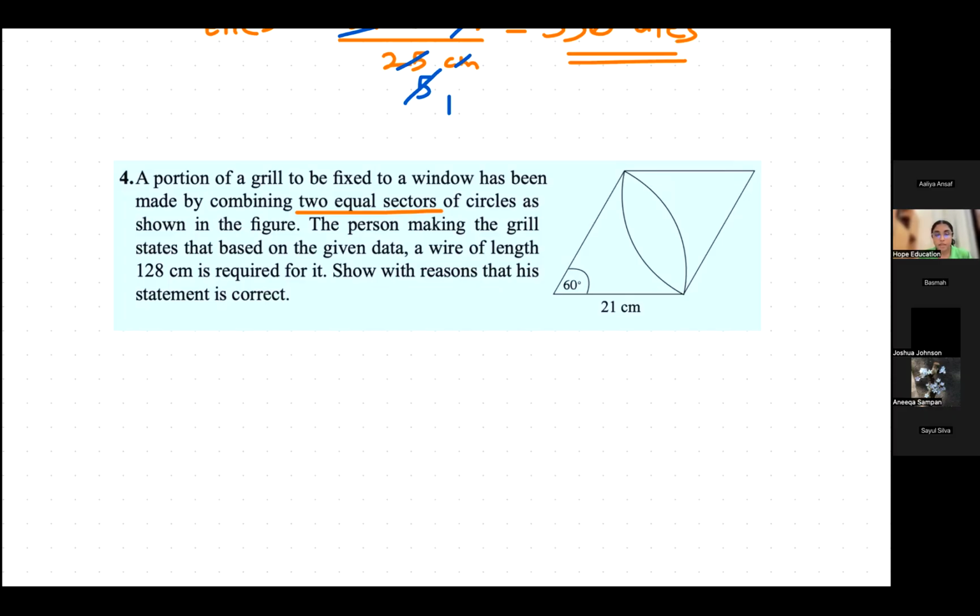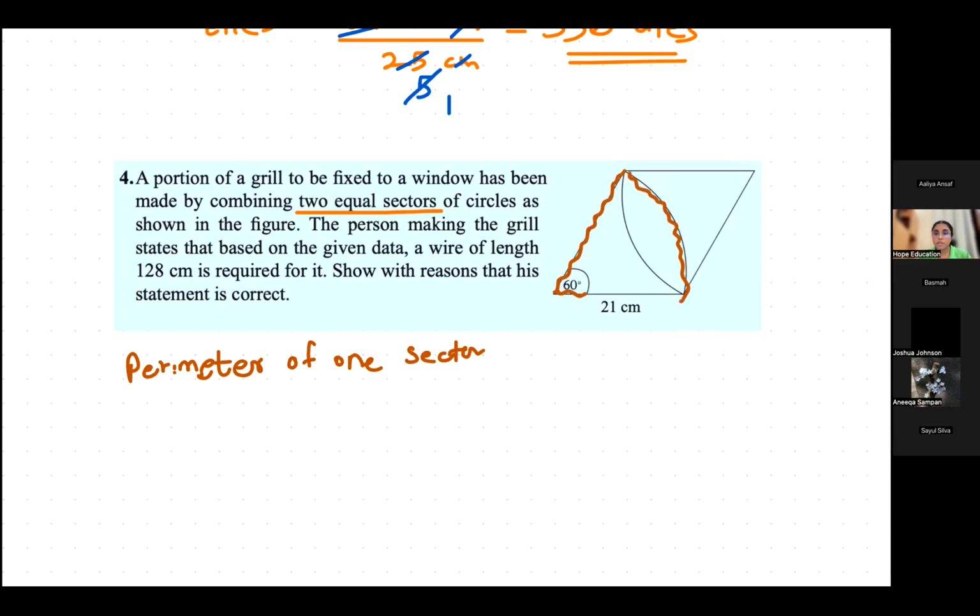I will find the perimeter of one sector, this sector.